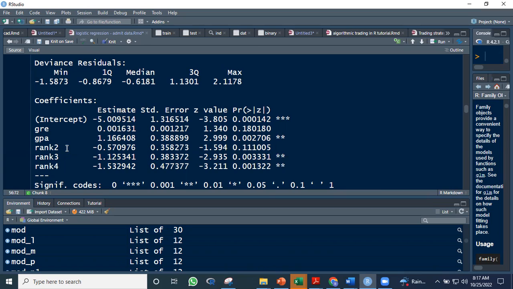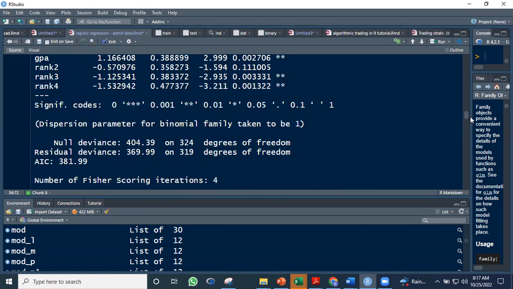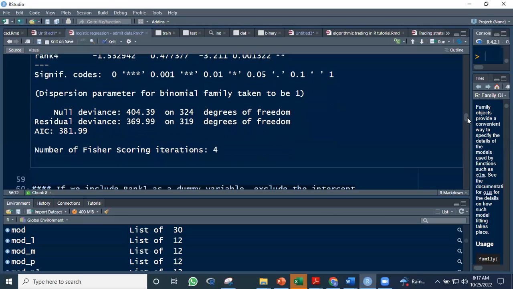Okay, and then if you recall, this is to be interpreted with respect to rank 1. All right, and there are some other outputs here that are quite different from the ordinary least squares. My Fisher scoring iteration side dito, which we're going to discuss as we go along.